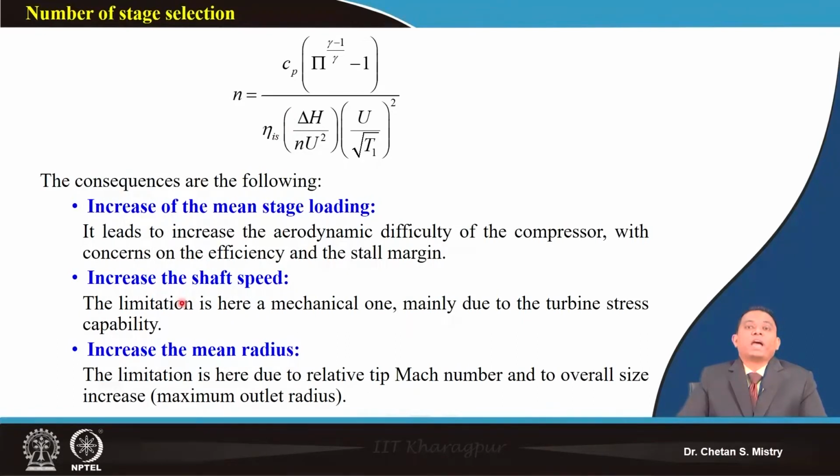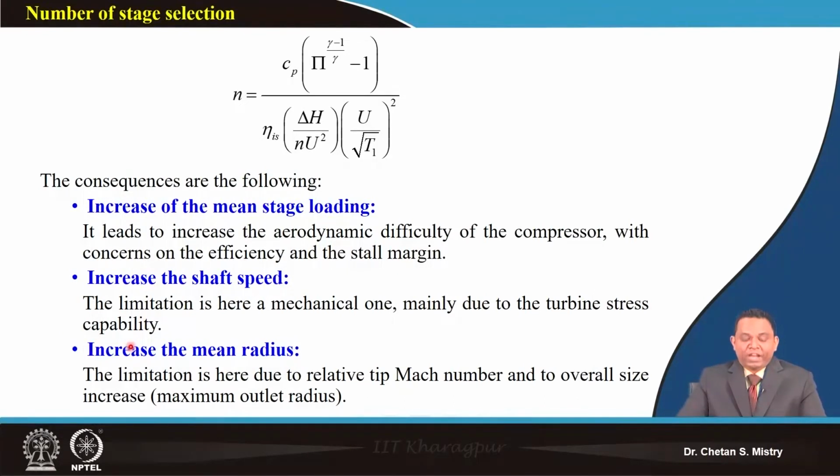The second option is increasing the rotational speed. This increase of rotational speed puts a mechanical constraint on us, because we need to rotate our turbine, and that turbine will have higher stress. That's the reason why higher rotational speed is also an issue. The next option is to increase the mean radius.